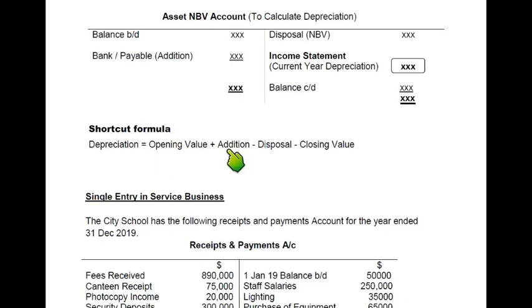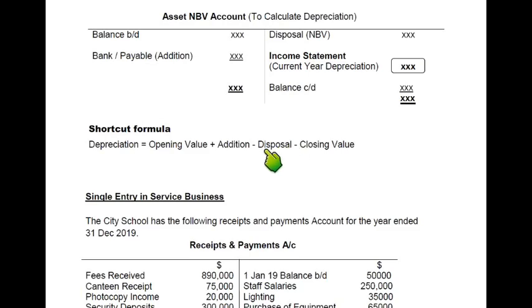We add additions. Addition means we have bought a new non-current asset, so the cost of that asset will be added here. Then minus disposal, if you have sold any assets during the year. If I have sold a non-current asset for 1000 which had a value of 1500, I'll be writing 1500 here and not the amount that I actually received from disposal.